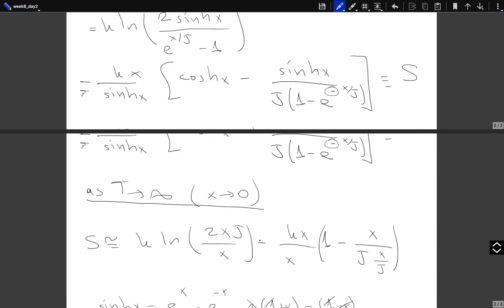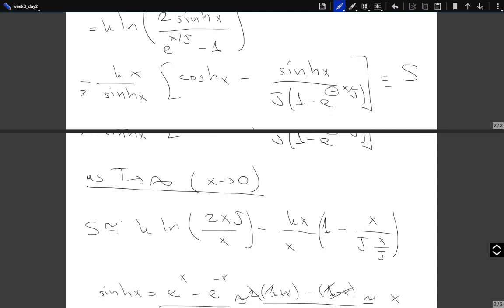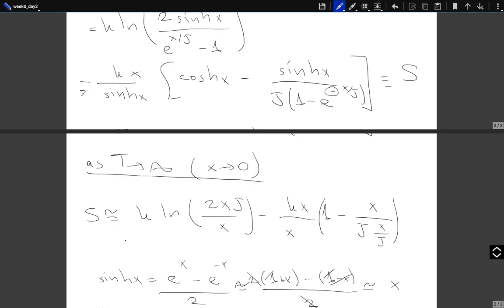So this is approximately what the entropy is at T goes to infinity, and this is equal to, well, let's say these x's cancel, these ones also cancel, the j's cancel. So this is basically 0. We have k times logarithm of 2j.